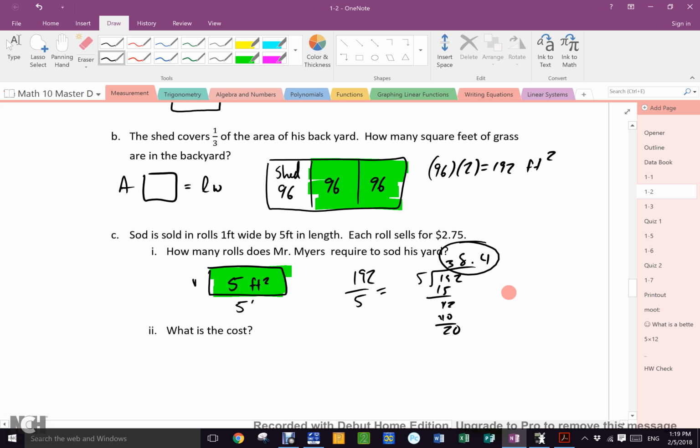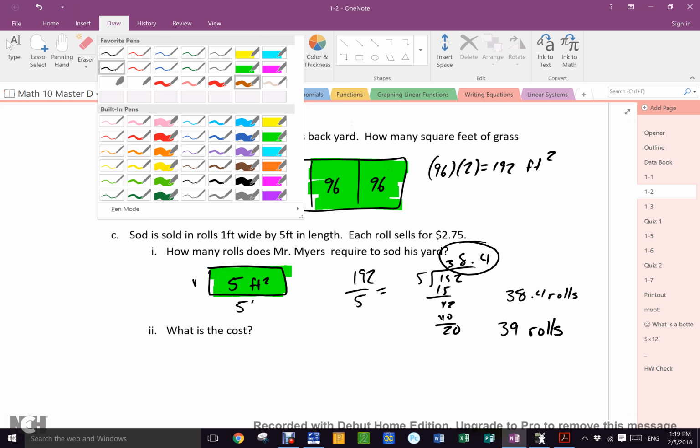Yeah. So, if I have to buy 38.4 rolls, how many rolls of sod must I buy? 39 rolls. Because if I only buy 38 rolls, I'm going to have a little corner out here that has no grass in it.